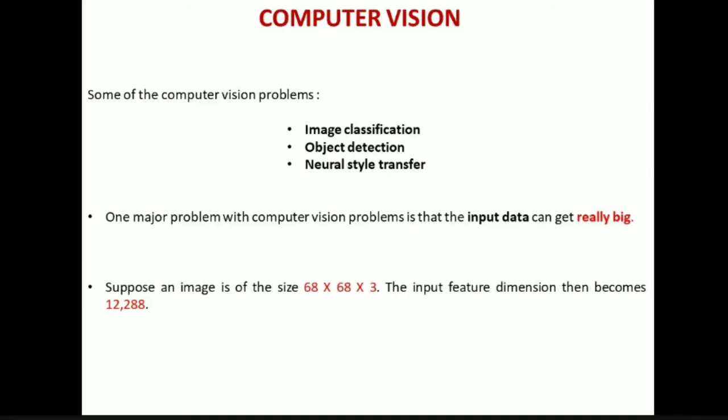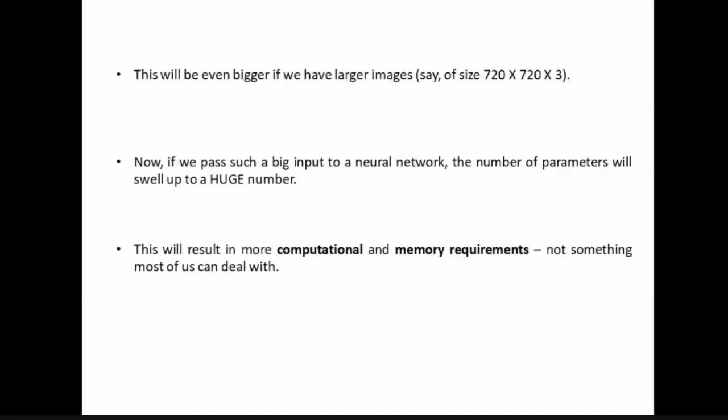If we have another image of size 720 into 720 into 3, we have even bigger input features, right? The more images we have, the more features the neural network has to work with. So what does this do? Finally, it will result in more computational power requirements and more memory requirements. We are not going to deal with all these different kinds of things.